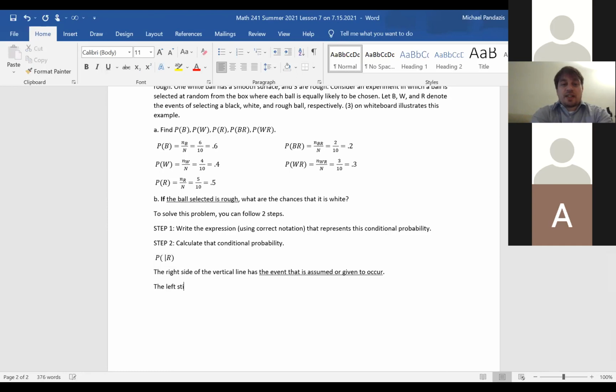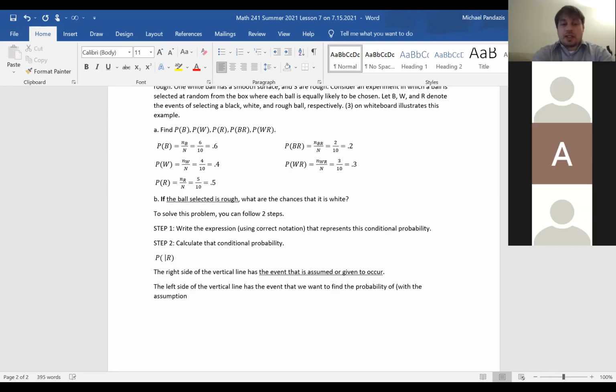The left side of the vertical line has the event that we want to find the probability of, with the assumption given.